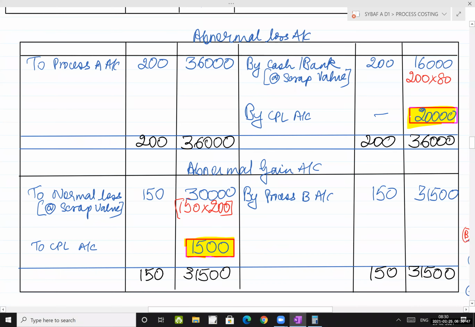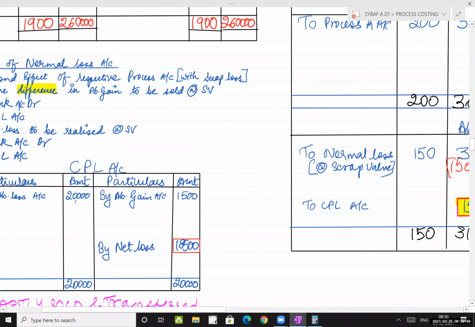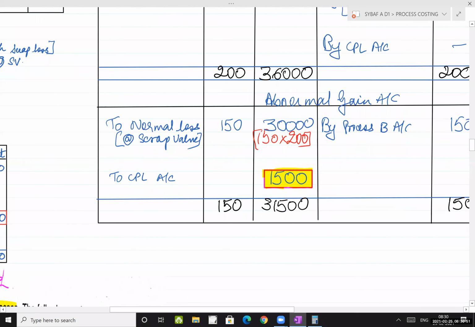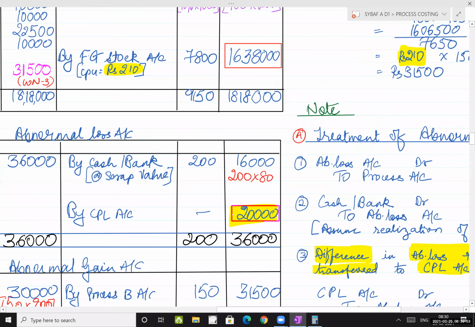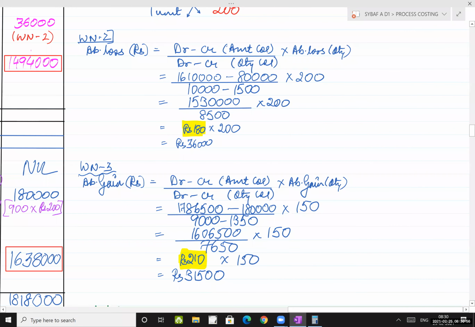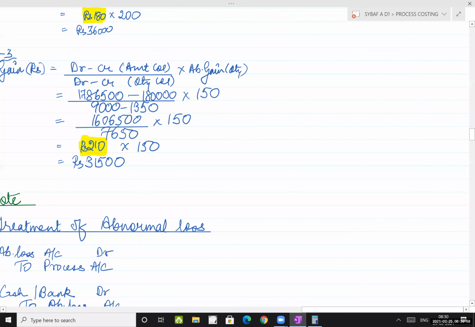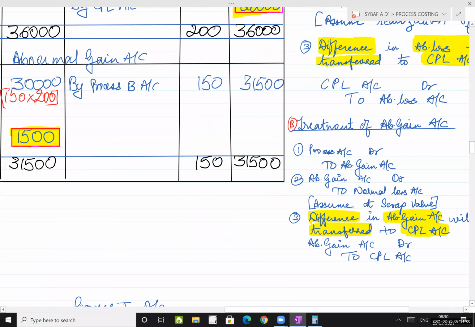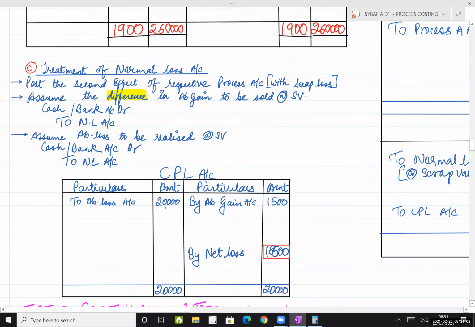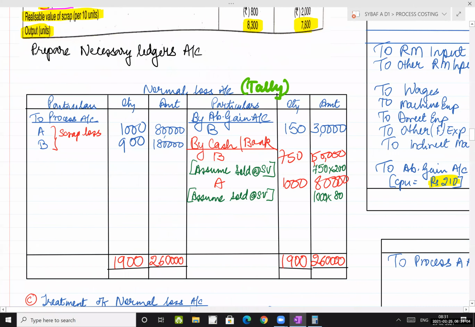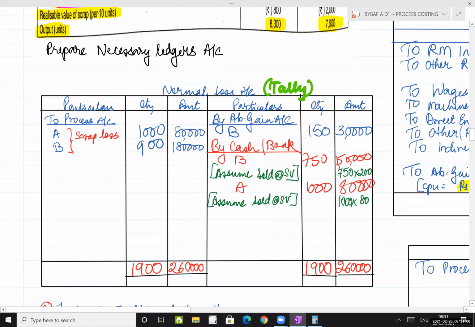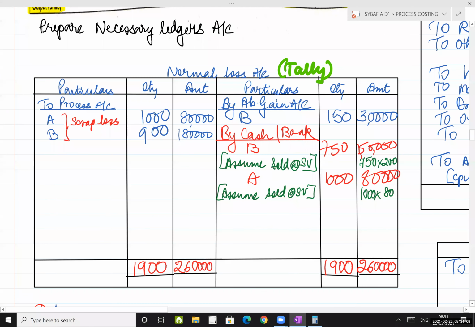Okay. And last comes normal loss account. This is in the theory part. Here it is. A normal loss account has two values obviously. So write down normal loss account.